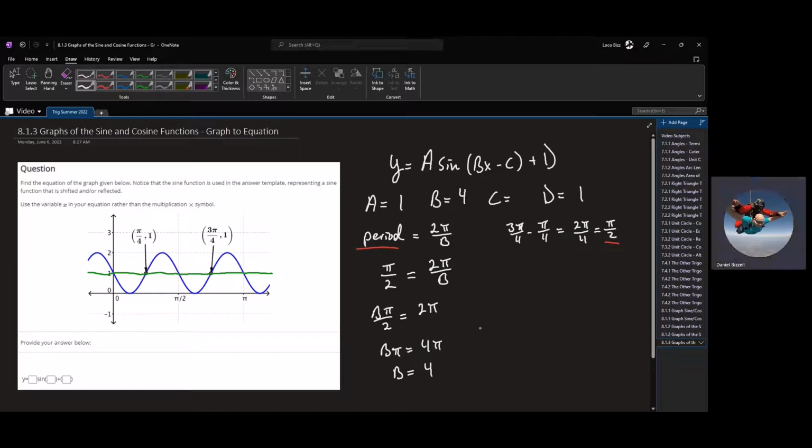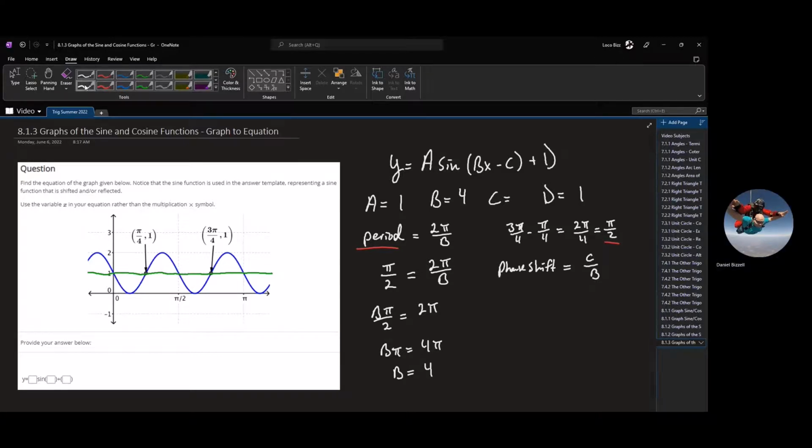The last thing to do is to use our phase shift to figure out what our C is, in the same way that we just used our period to figure out what B is. So our phase shift is equal to C over B. And by looking at our graph, we can see our start point is here at pi over 4.